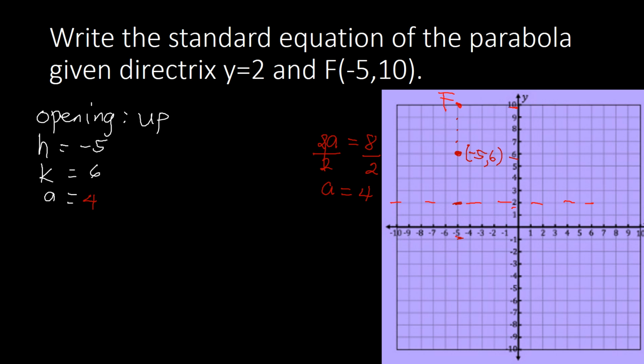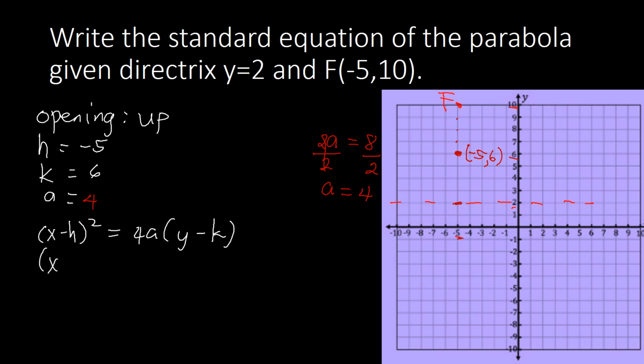Once we have completed all the information that we need, we can now write our standard equation of the parabola. Since this is going up, we have x minus h squared equal to 4a times y minus k.